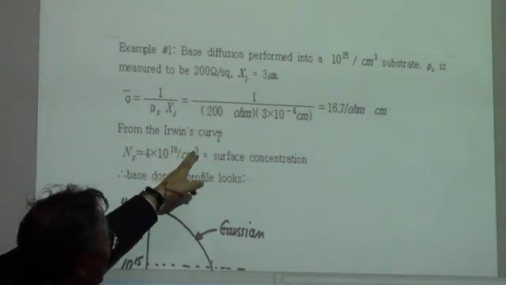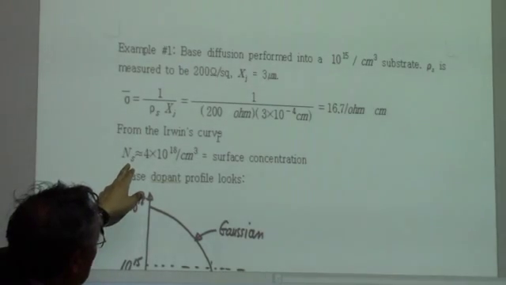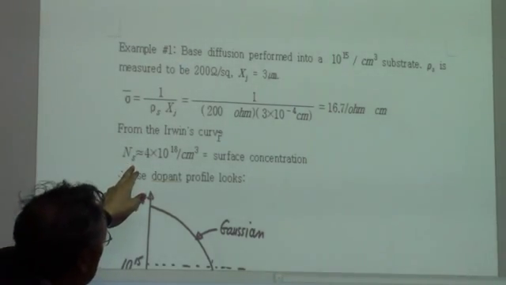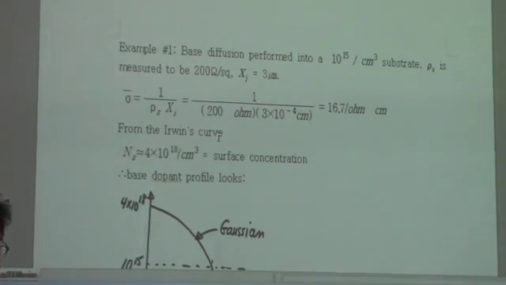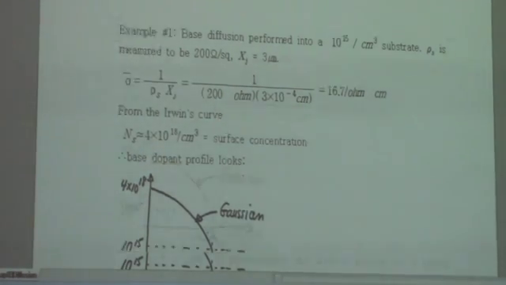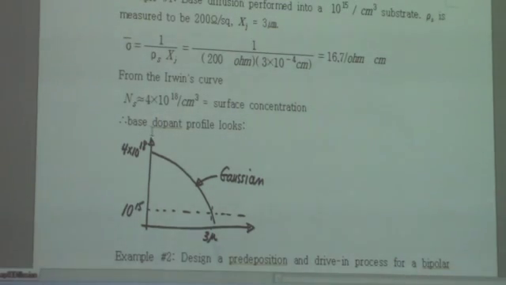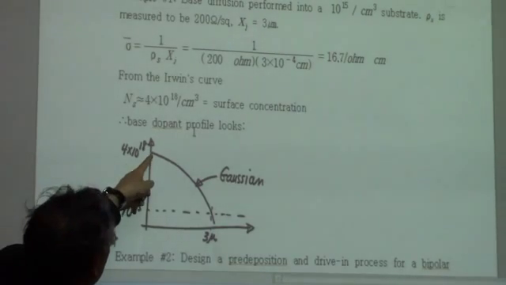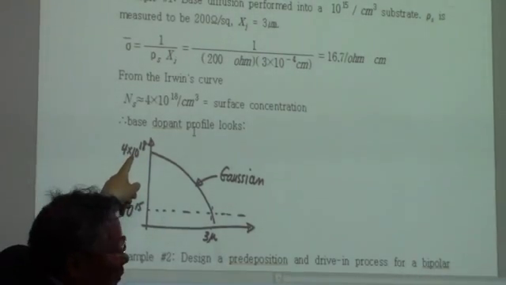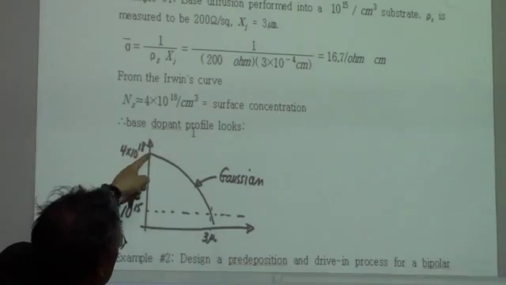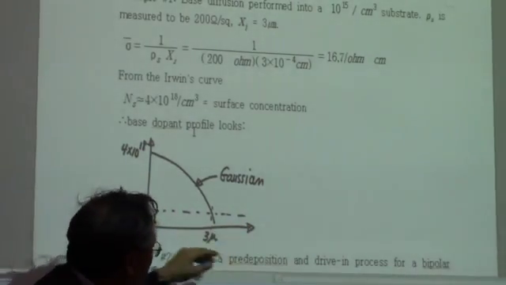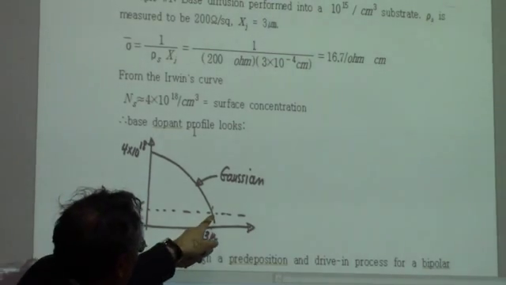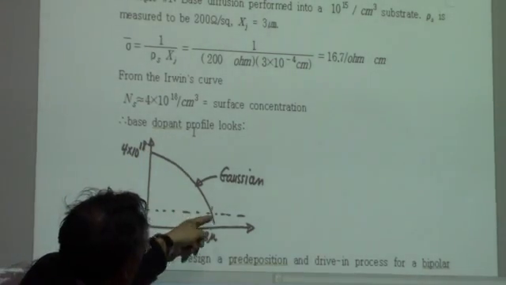In that case, we can calculate the average sheet resistance, which is 16.7 ohm per square. And then from the plot, we can determine the surface concentration, and that turns out to be 4 times 10 to the 18th. Then we can determine the dopant profile: the surface concentration obtained from the plot is 4 times 10 to the 18th, and the base dopant level is 10 to the 15th.